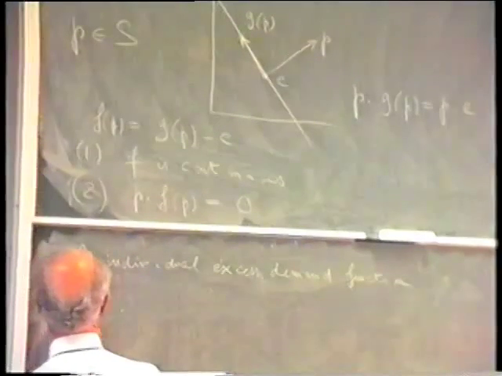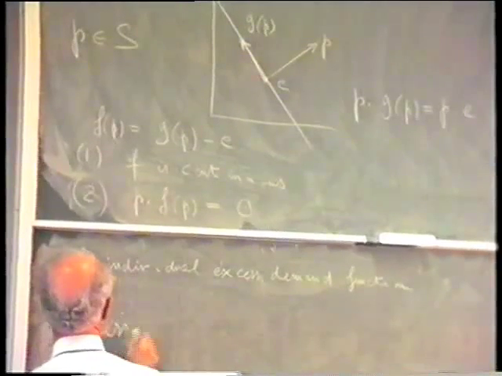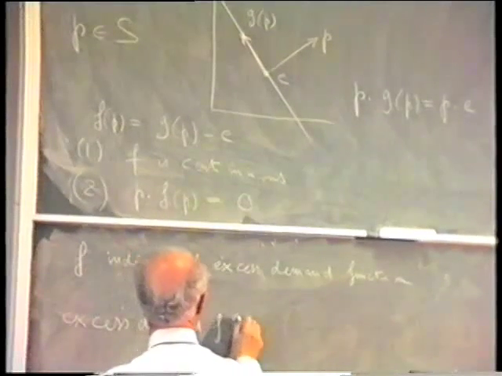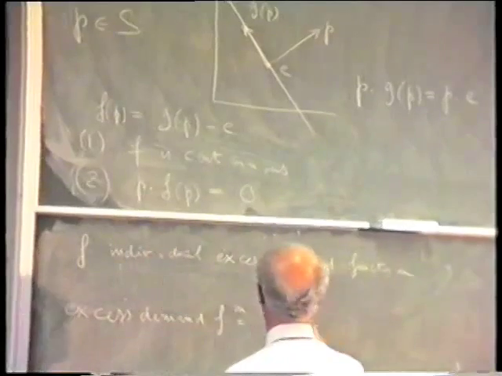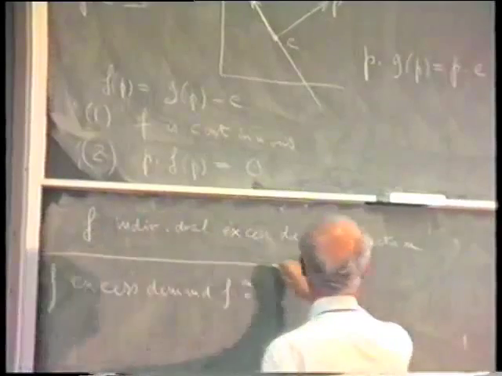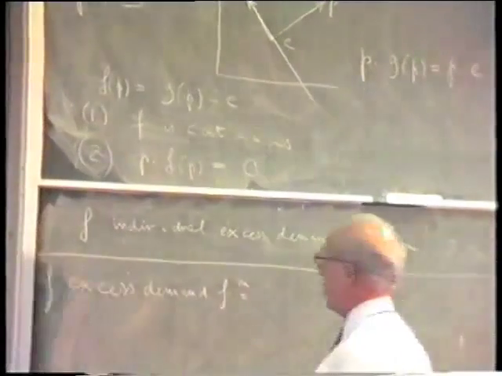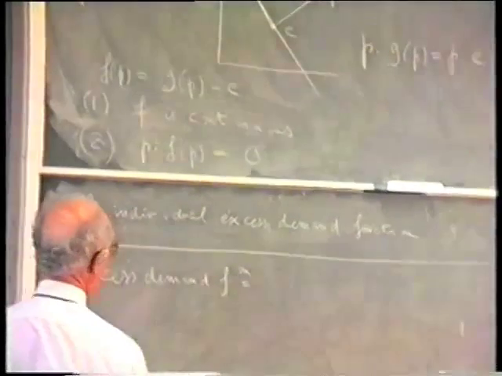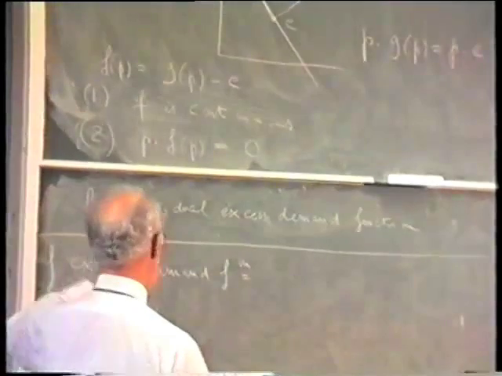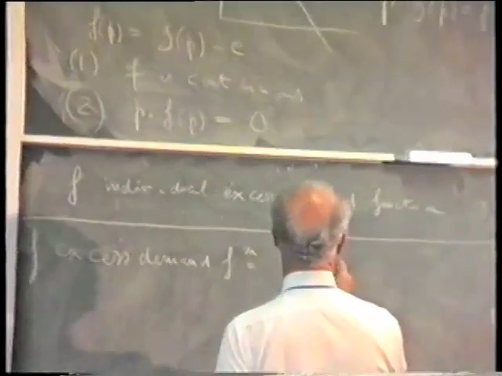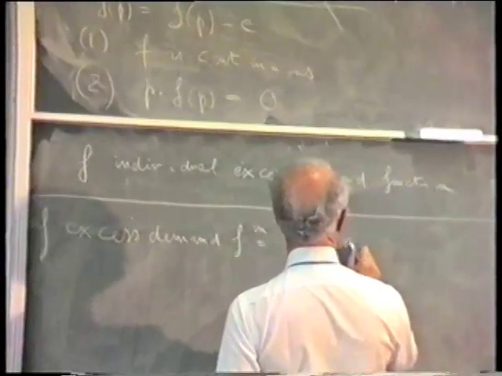So we could, in general, expect an excess demand function for an economy to satisfy the two properties. So you see there is a slight shift in the notation because I have reserved here so far F for the individual excess demand function, and now F will be the excess demand function for the economy as a whole, and F is continuous.